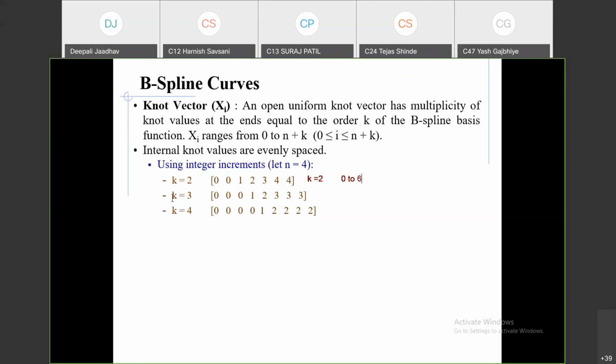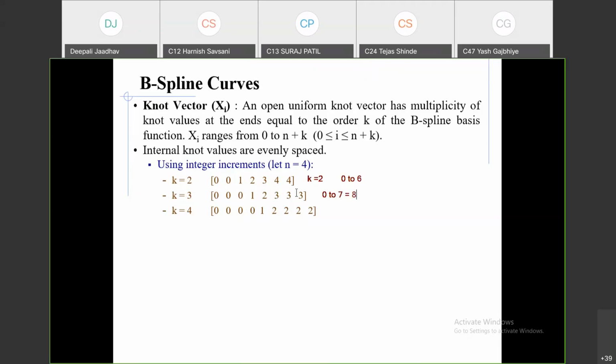In this case, k is equal to 3. So i ranges from 0 to n plus k, that is 4 plus 3, 7. So how many knot values are there in total? 8 knot values: 0, 1, 2, 3, 4, 5, 6, 7.